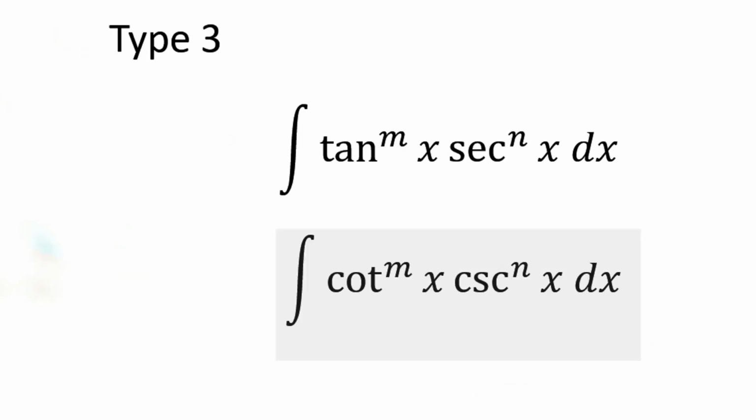In type 3, we have the integral of tangent raised to m x secant raised to n x dx, and the integral of cotangent raised to m x cosecant raised to n x dx, where n is a positive even integer, so simply transform the function having the n exponent and proceed to integration.